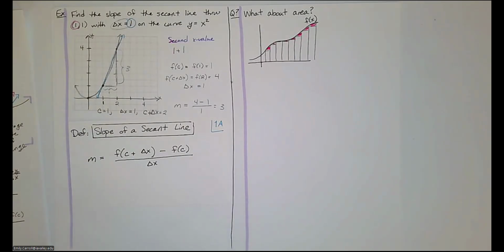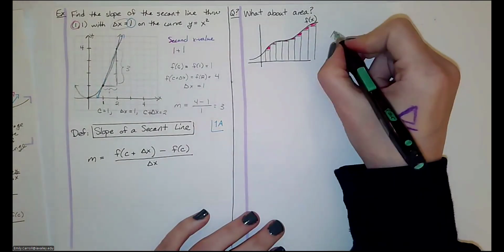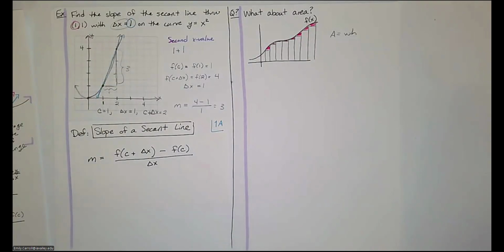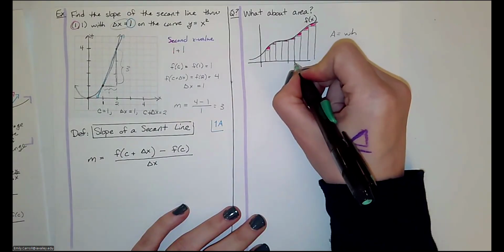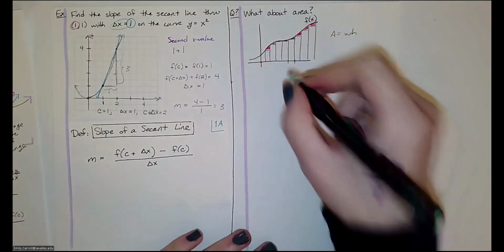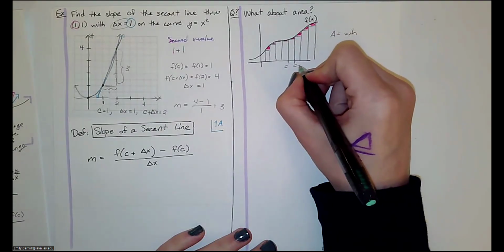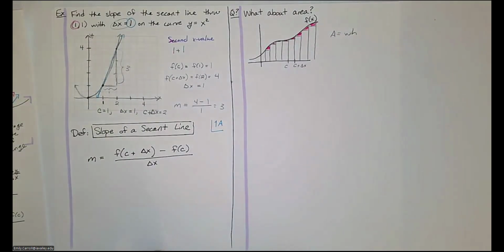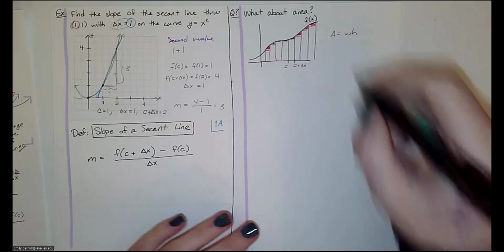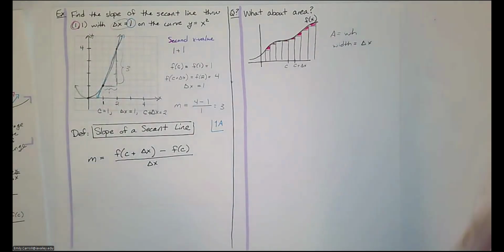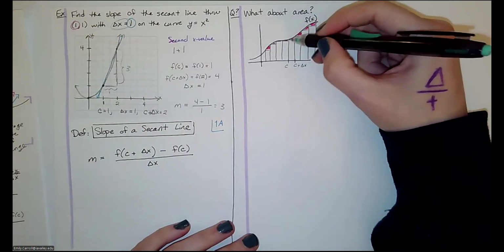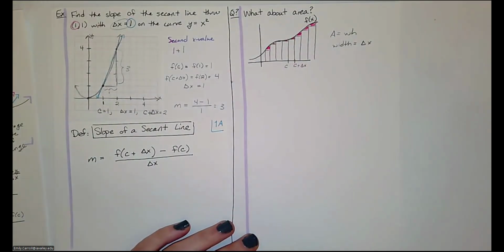How do we do that? Well, we look at area equals width times height for a rectangle, right? Let me pick, let's say, this particular rectangle here. If this is c and this is c plus delta x, then the width is equal to delta x. What about the height? Look at where the height ends up. It's right here.